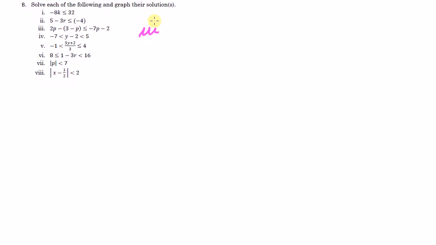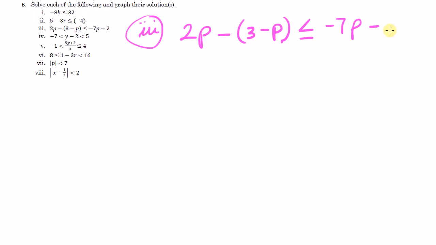Okay, triple I. We say, let's see, 2p minus the quantity 3 minus p is less than or equal to negative 7p minus 2. Man, this is a lot of p's and a lot of constants. Okay, so I'm going to start simplifying here. So this is 2p minus 3.